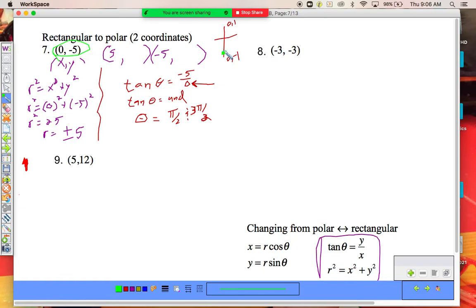So if I want the positive distance, I'm going to pick the angle that puts me where I want to be, because I want to rotate to 3 pi over 2 and then go out 5 units. If I rotate to pi over 2, which is at the top, I need to go backwards to get to my point, so I want the negative distance.